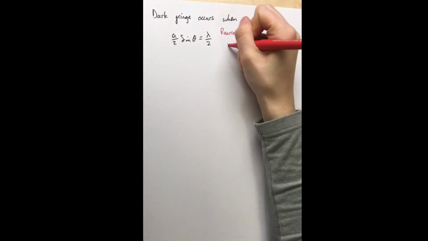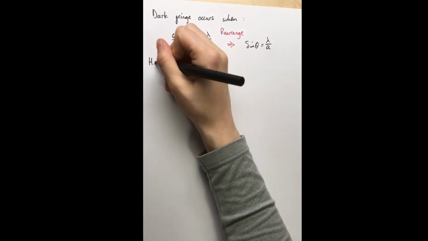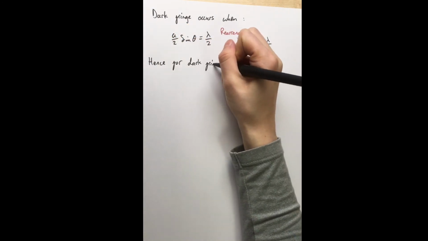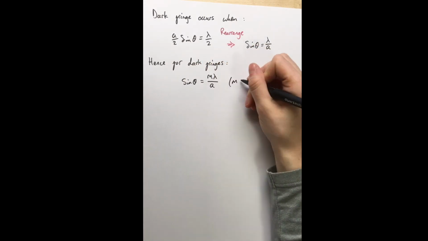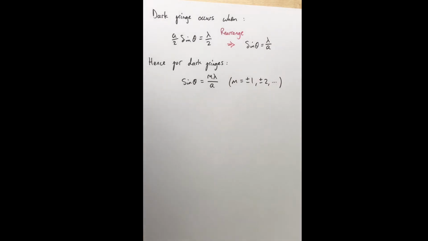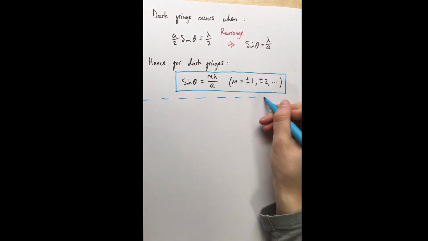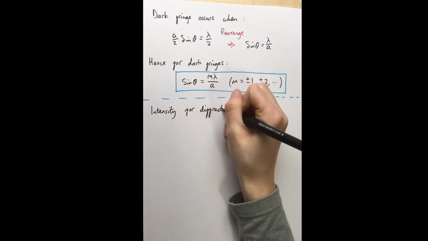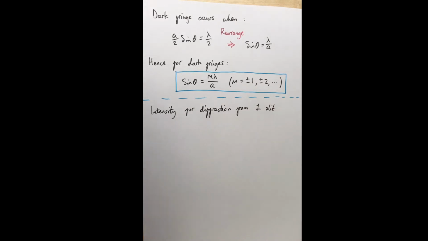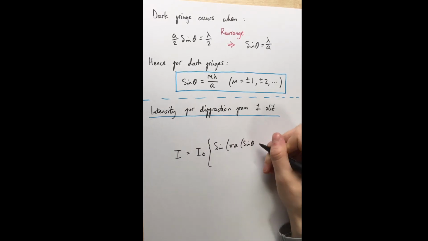We can now rearrange this for sine theta. These assumptions allow us to find the intensity distribution of diffraction from a single slit.